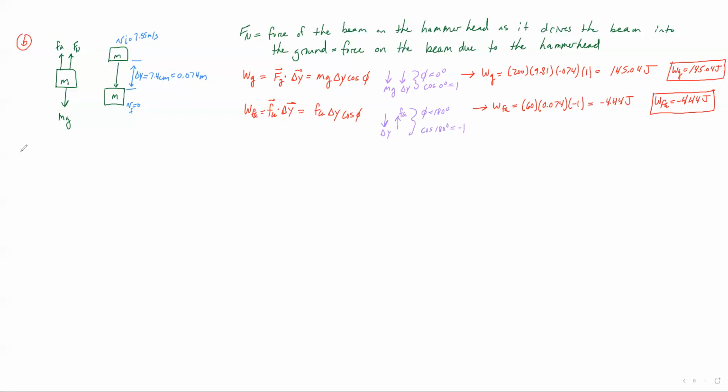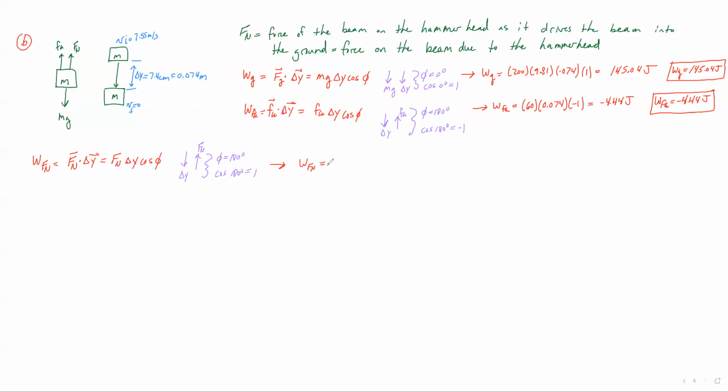Now, if we do the work due to the normal force, that's going to be the normal force dotted with delta y. That'll just be the magnitude of the normal force, delta y, the cosine of phi. But now I have the same thing as with friction, right? Delta y goes down, but my normal force is going up. So again, phi is going to be 180 degrees. The cosine of 180 degrees is -1. So putting that in, I get the work due to the normal force.